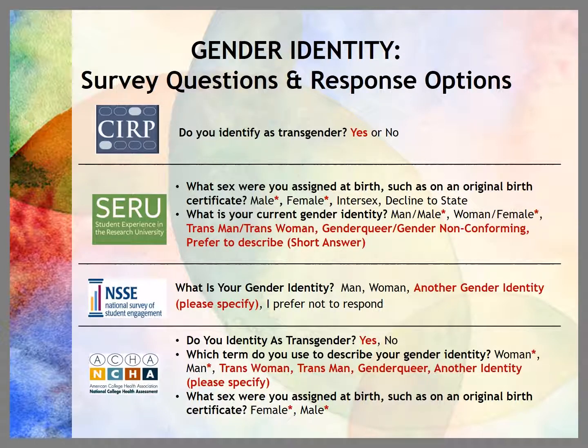So anyone that doesn't answer all 3 questions, we recode as missing and are not part of the analysis that we're talking about today. If they indicate that they're transgender, or if they don't identify as transgender, but their birth sex is different than their gender identity, then we categorize them as non-binary.